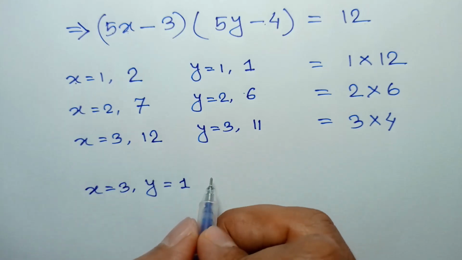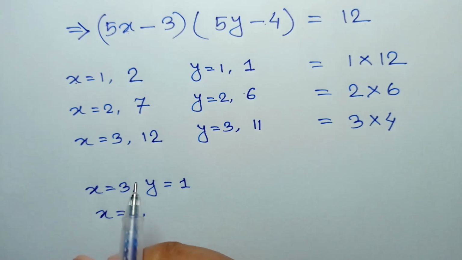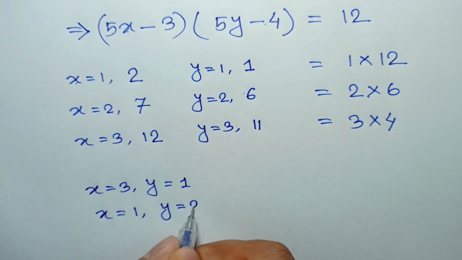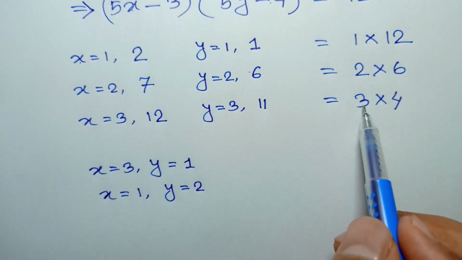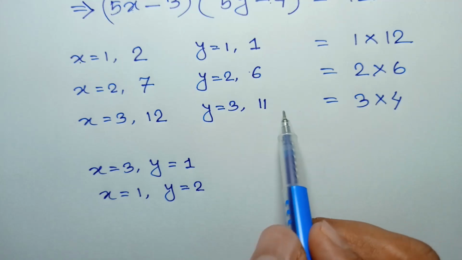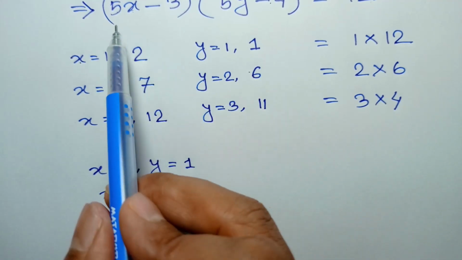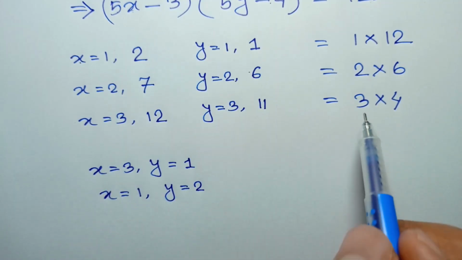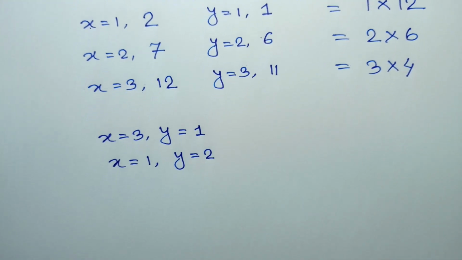So for x is equal to 1 and y is equal to 2, there will be another solution. And to make this combination, there is no 3, so this term cannot be 3 for integer solution, so there is no such combination.